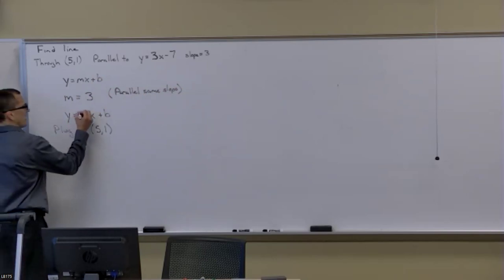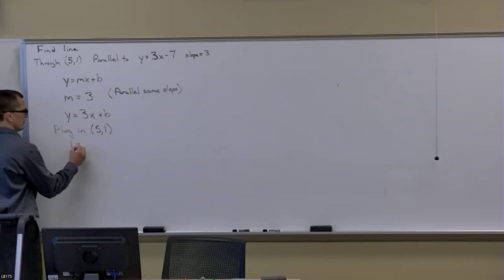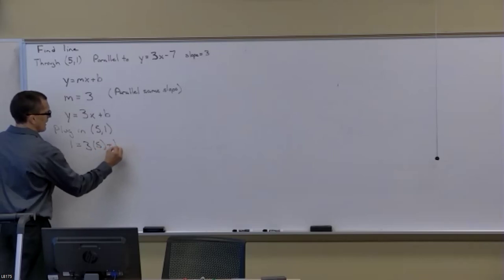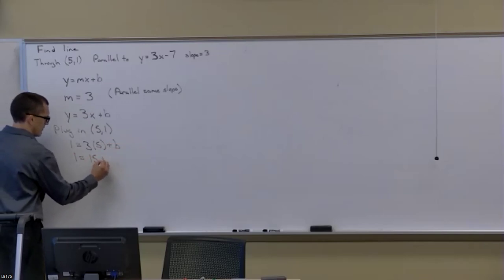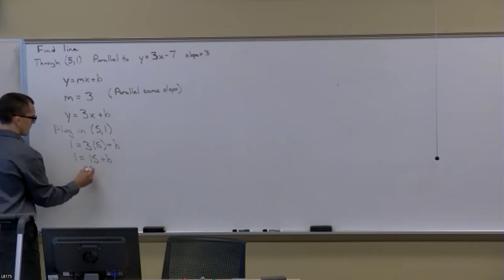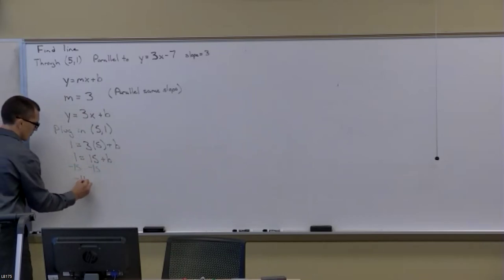So that means my line has the form y equals 3x plus b. And then to get to b, I do the exact same way I've always been doing it. Plug in 5, 1. 5 goes in for x, 1 goes in for y. We end up with 1 is equal to 15 plus b. Subtracting 15 from both sides would give a b value of negative 14.